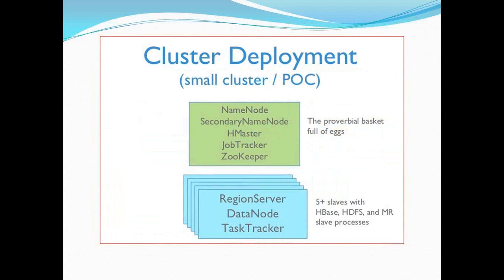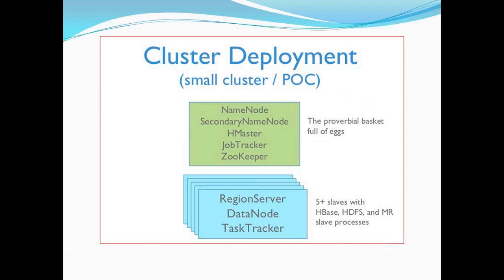You can see on top your master process groupings are in light green, wherein your name node, secondary name node, as well as your other master processes like job tracker, are your Hadoop based master processes. HBase based master processes are your HMaster as well as Zookeeper.